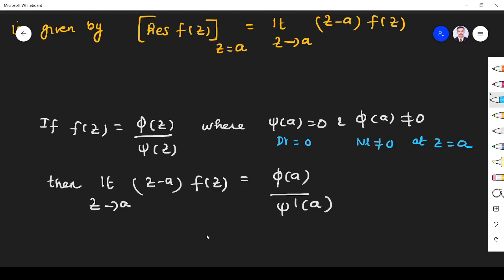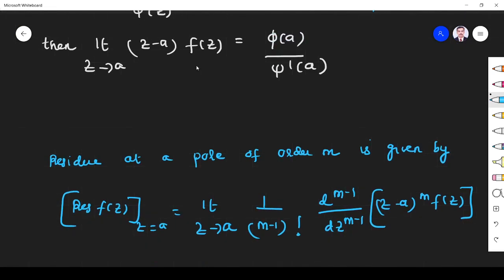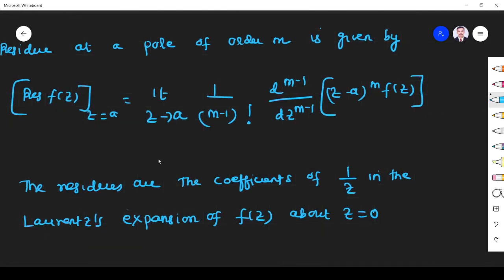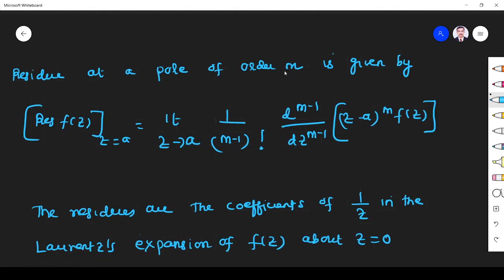Then the third one, residue at a pole of order m. This is case 3. In the first case, we found a simple pole of order 1. Here, z equal to a is a pole, so the residue at a pole of order m is limit z tends to a of 1 by (m minus 1) factorial, d power m minus 1 by dz power m minus 1, of (z minus a) power m into f of z.